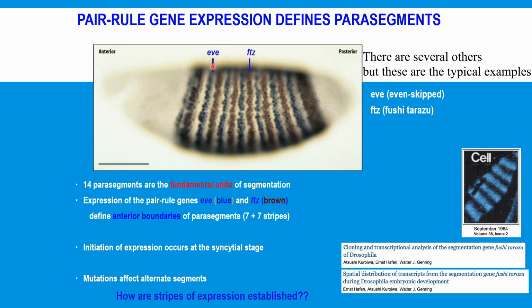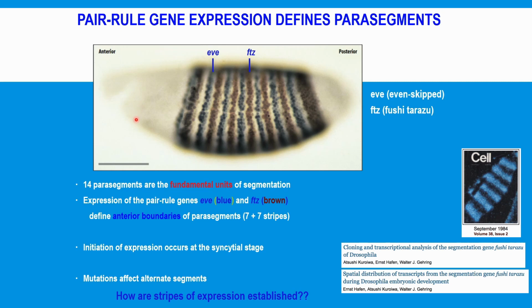Here we see the expression of Eve in blue-black and Fushi tarazu in brown. The head and tail regions fall outside of this pair rule gene expression, and we will examine how a head can be made a little bit later on.